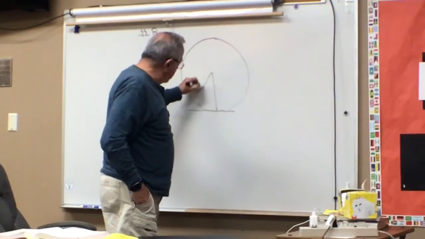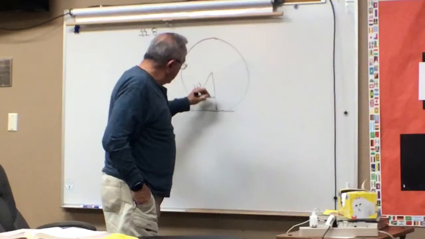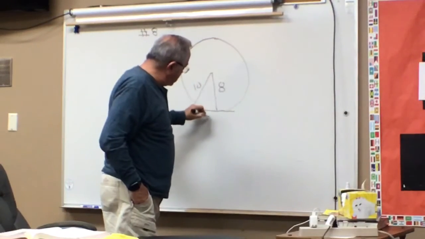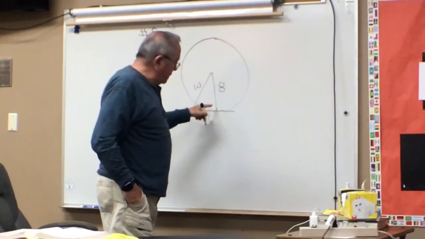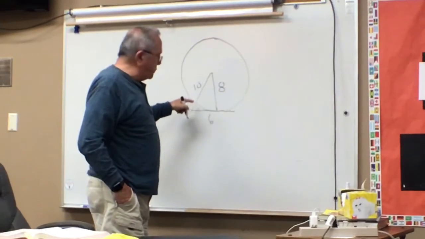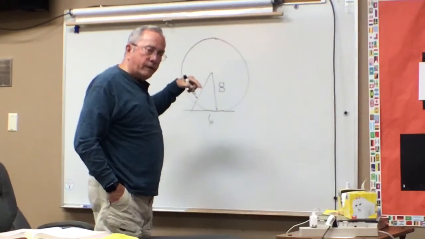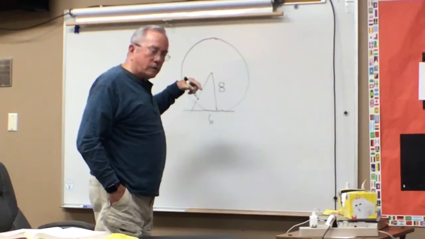And they give you this is 10, this is 8, and this is 6, right? Now, if this is a right triangle, we can use the Pythagorean theorem. We did this when we did the right triangles before.